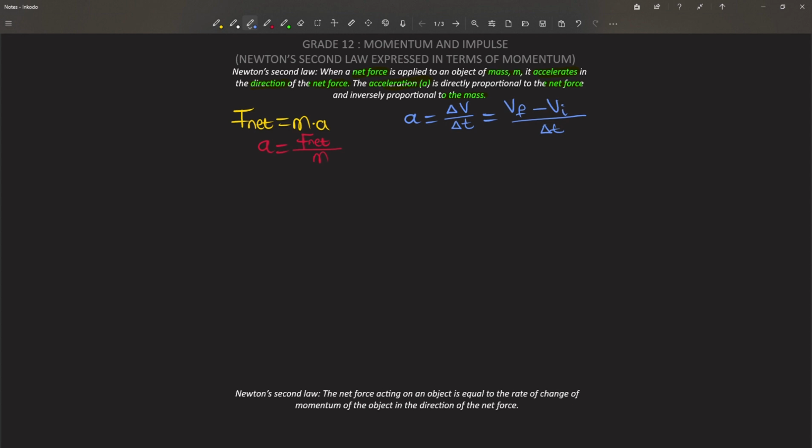So let's substitute acceleration in this second law formula. We will have net force is equivalent to mass into final velocity subtracting initial velocity over time.